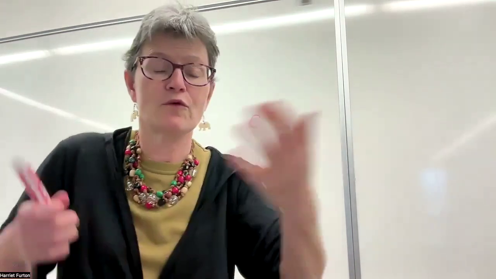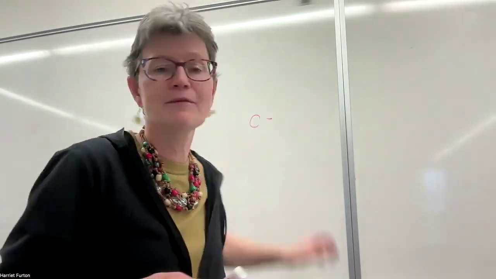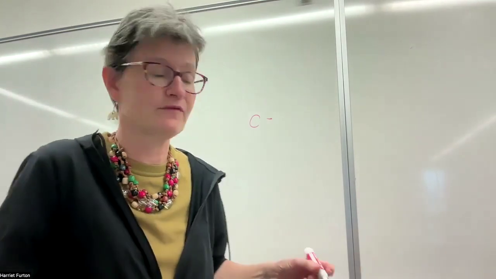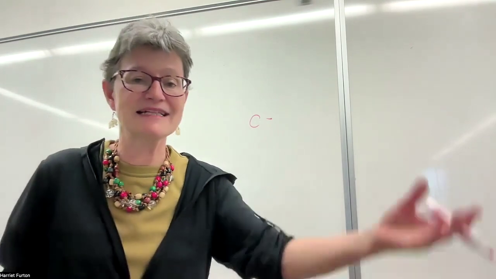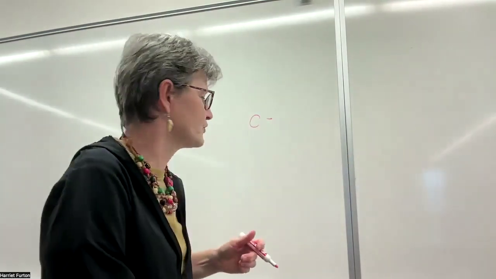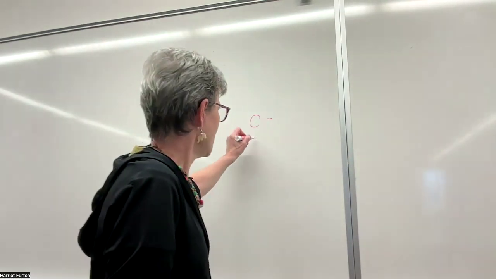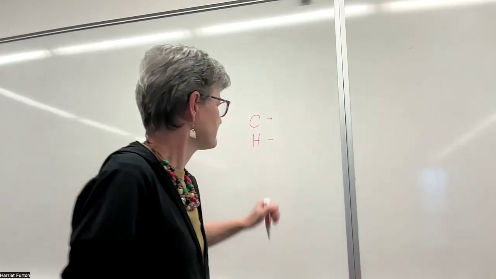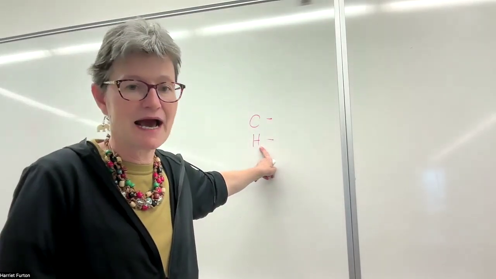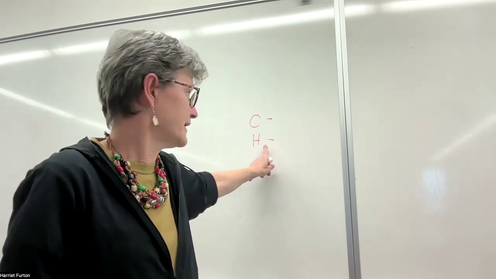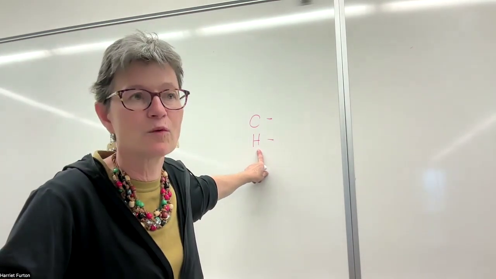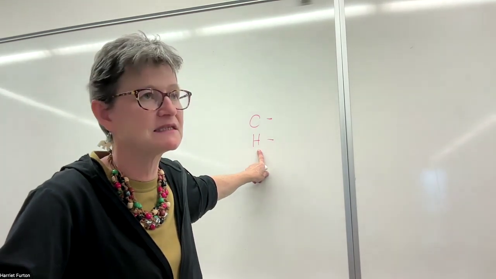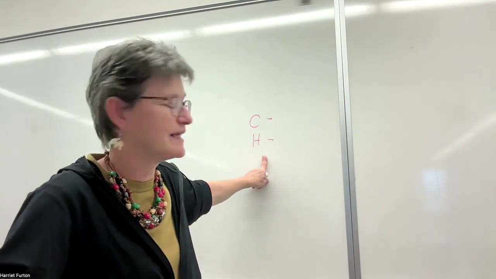How do you or I get the carbon? Well, we eat. We get that from the food. How does the plant get the carbon? It gets it from the air, from the carbon dioxide. How about the hydrogen? We need the hydrogen in our body. We eat. The plants get the water, and the water has hydrogen.